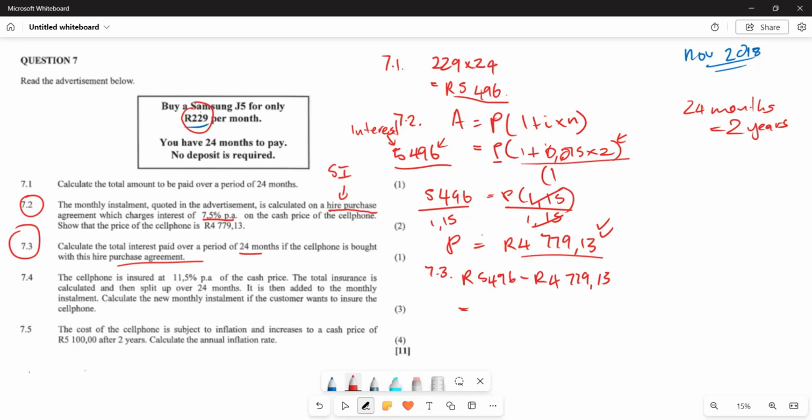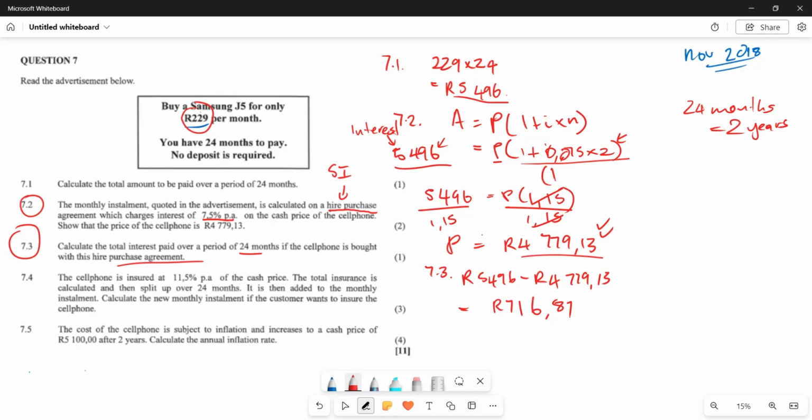And the answer that you're going to get basically is that the interest is 716.87, right? Now that is going to be the interest that is going to be charged, which means the bank is going to make 716.87 from this particular sale.